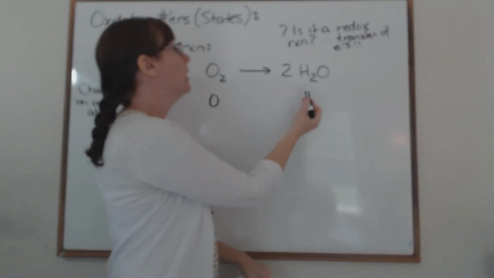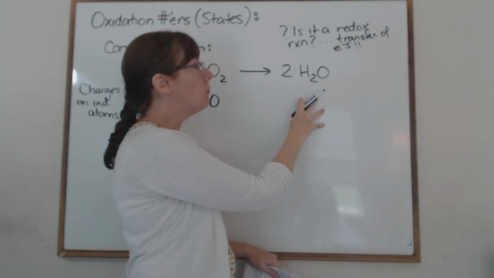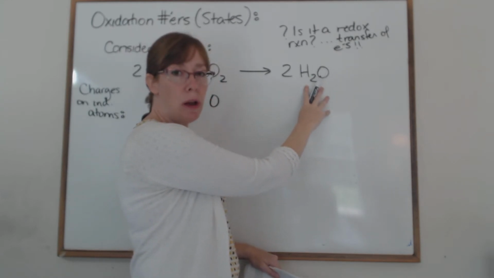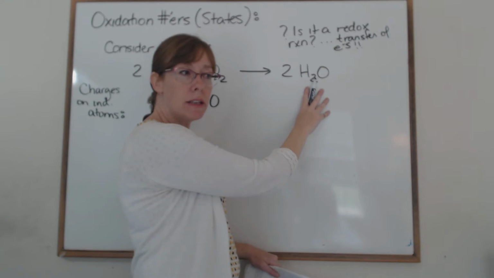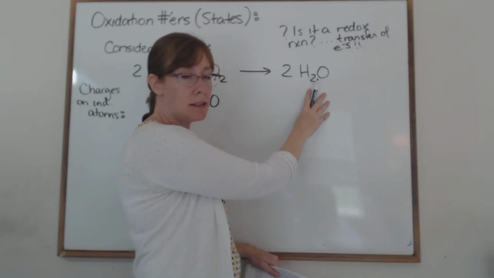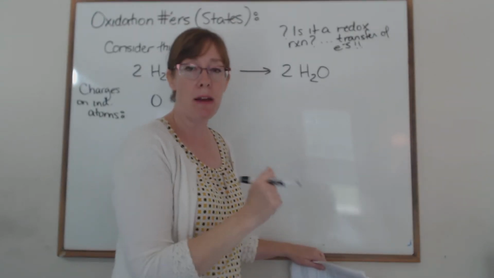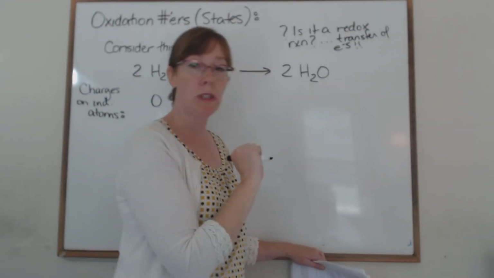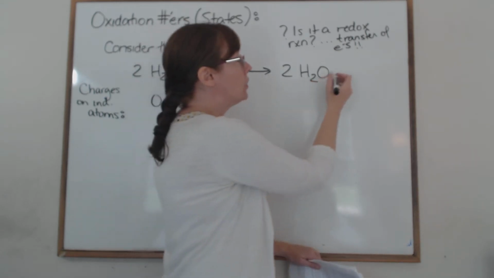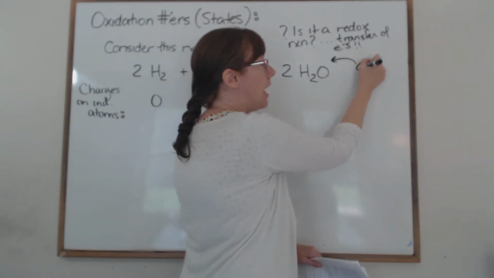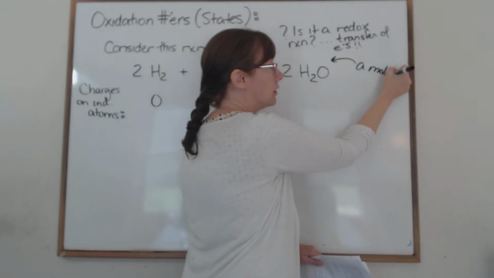When we come over here, we hit the problem, which is H2O is not a compound that contains ions. Remember with the MgO, that was an ionic compound. So Mg was 2+, oxygen was 2-. H2O is a molecular compound.